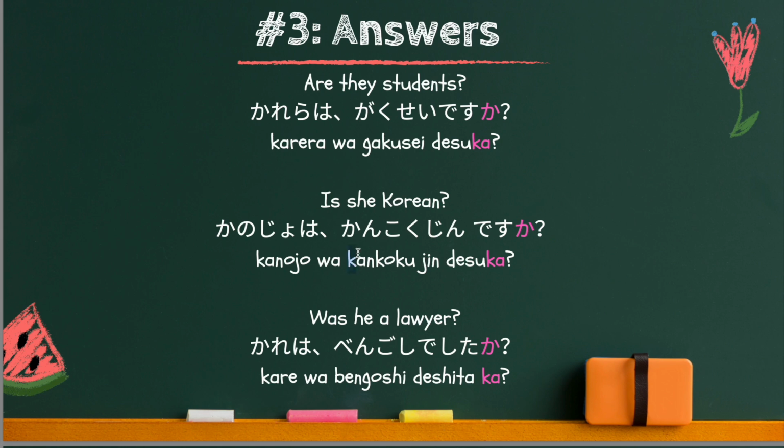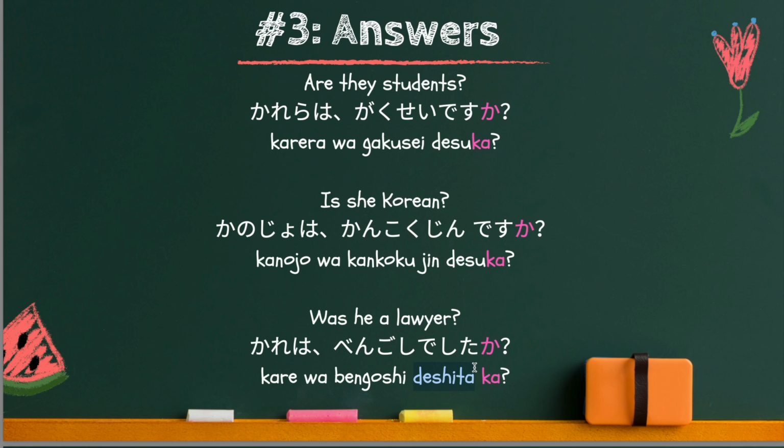Together, Korean. So once again, you need to have ka at the end. Lastly, was he a lawyer? 彼は弁護士でしたか? So because this is past tense, it should be でした instead of です because this is past tense.